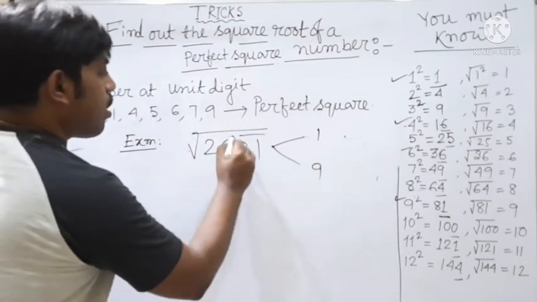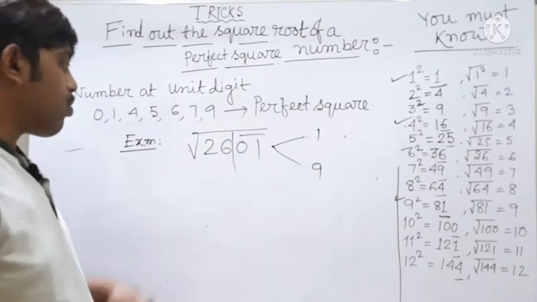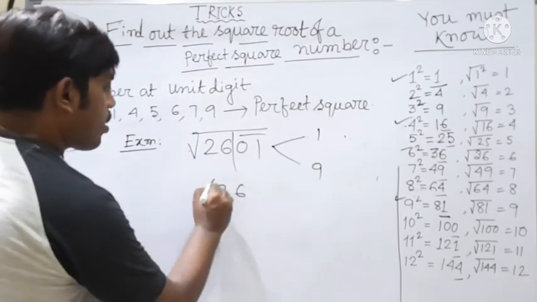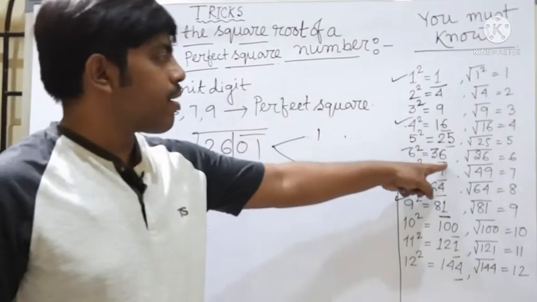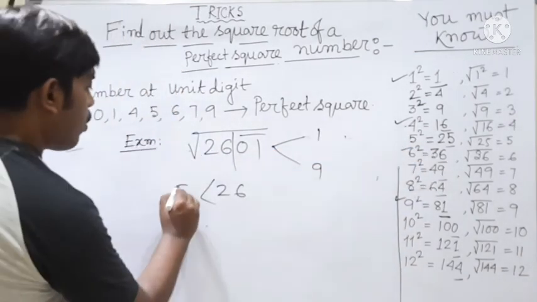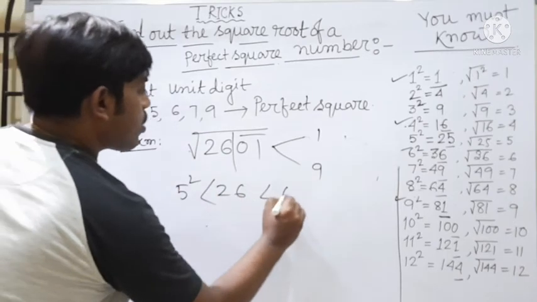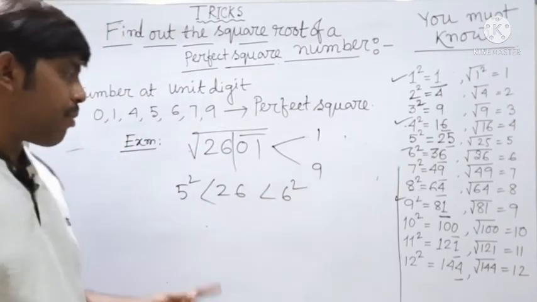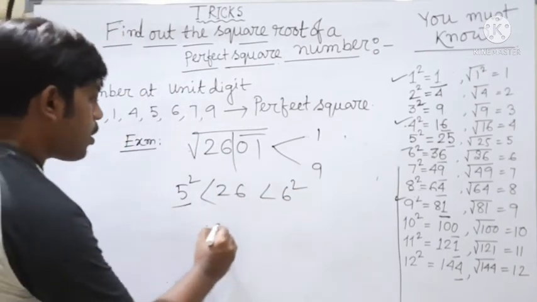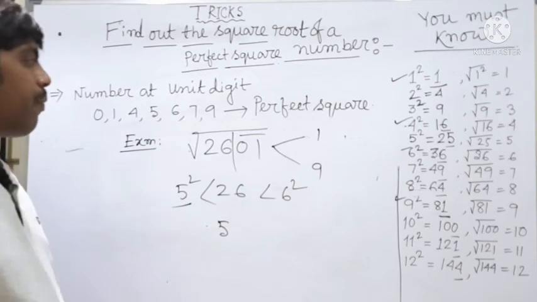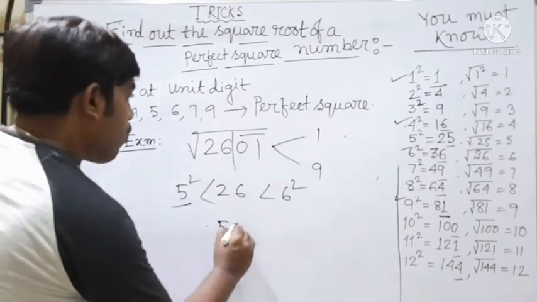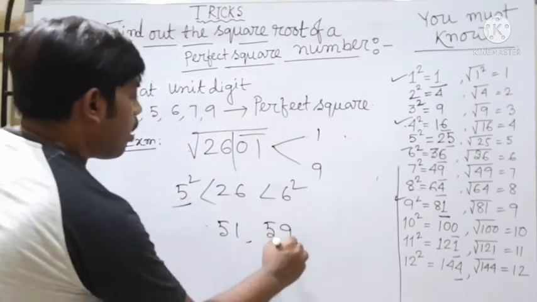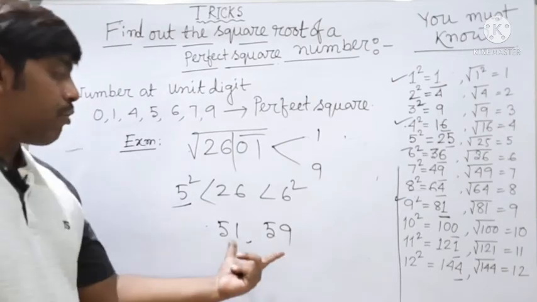Now we pair this number, then the remaining part is 26. 26 lies between which two perfect squares? 25 and 36. Therefore it lies between 5 square and 6 square. Now which number do we take? We take the smaller number, that is 5. Now the square root of this number will be what? Will be 51 or 59.